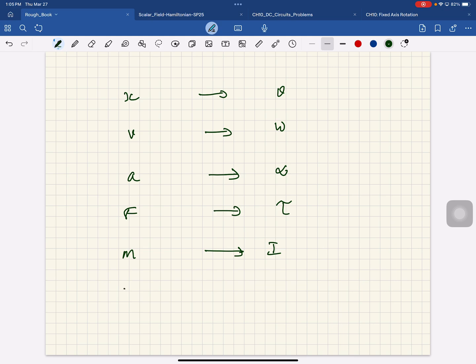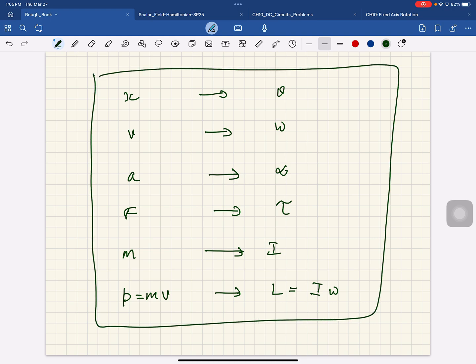You replace linear momentum, which was equal to m times v, by something called angular momentum, which will be I times omega. And for every equation that you've studied in the past, you'll get the corresponding equation for rotational motion. That's all you need to do.